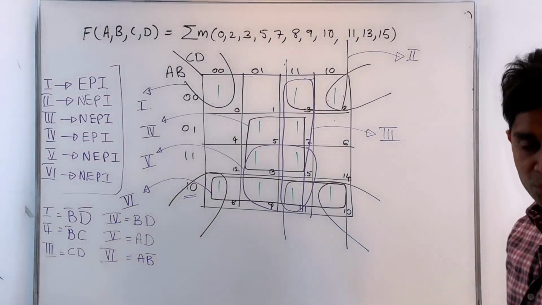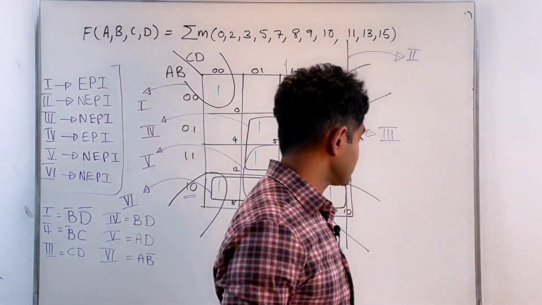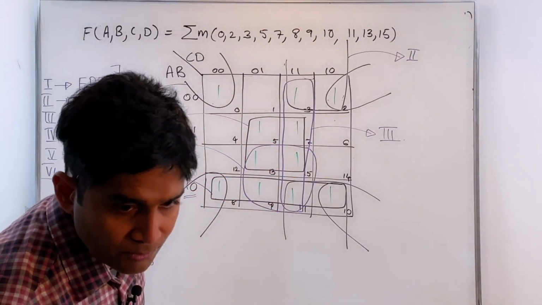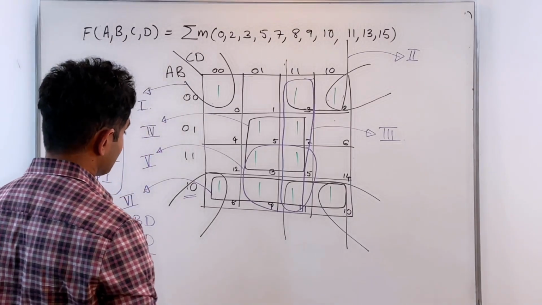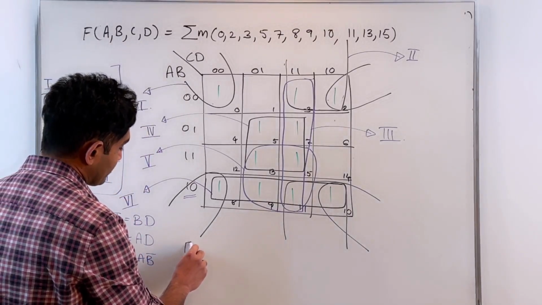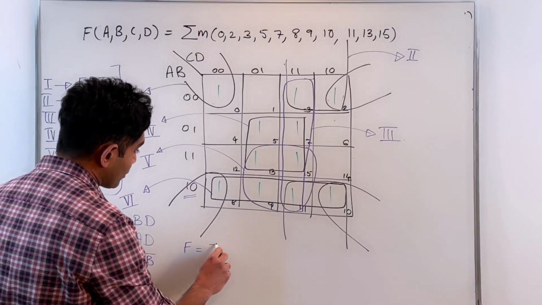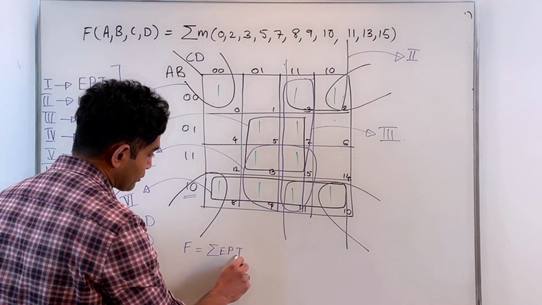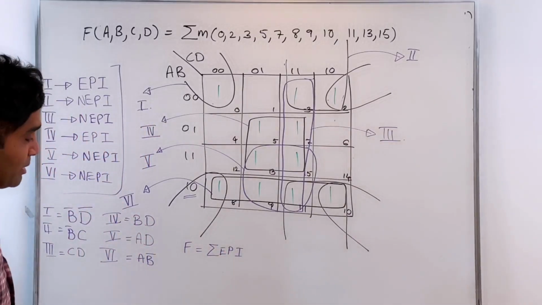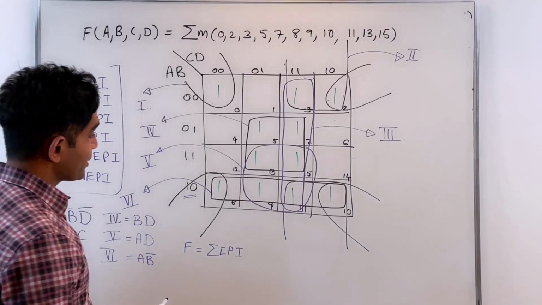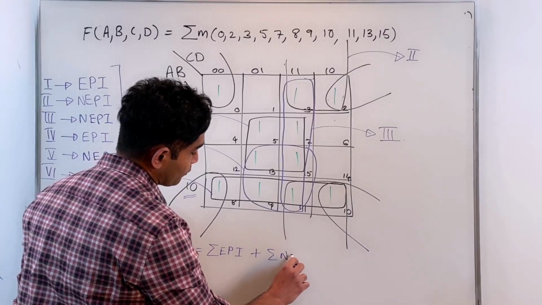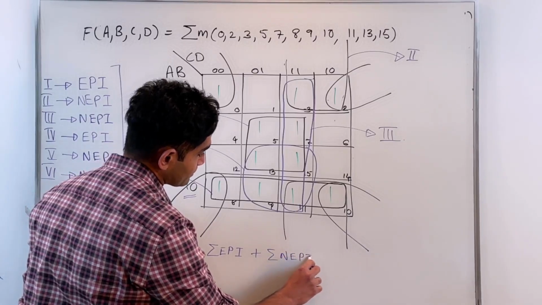And now it's time to choose my function, to write down my function. In how many different ways can I write down my function? Okay. All right, so let's do that. Now, I can write down my function as a sum of the essential primes. These are going to be common terms in every possible version of the function. And then I choose the non-essential primes to account for all the ones in the K-map.